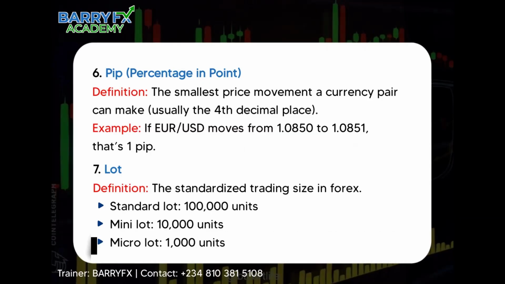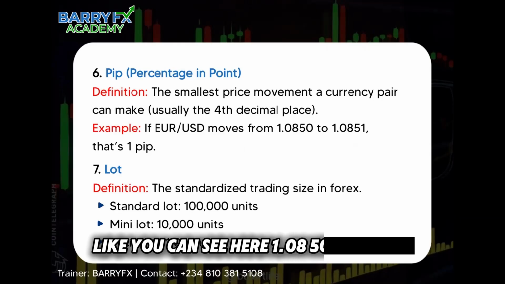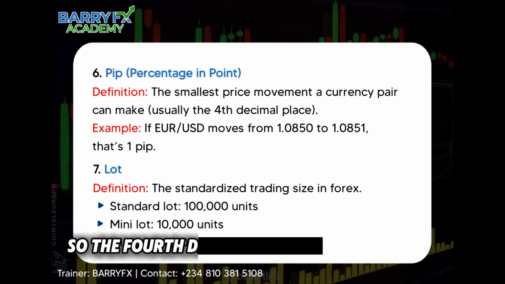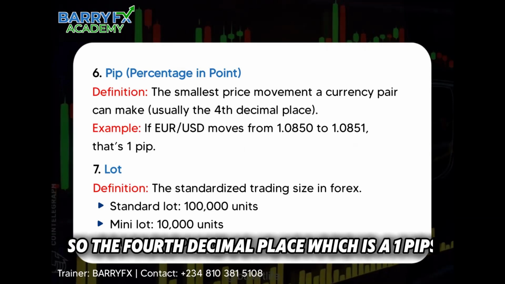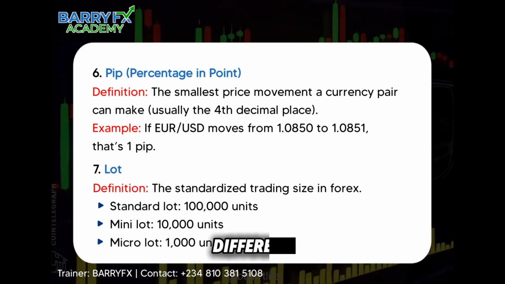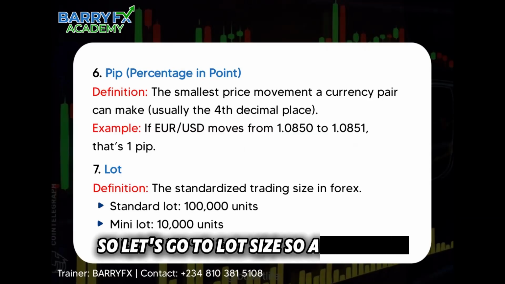Like you can see here, 1.0850 to 1.0851, the fourth decimal place, which is a 1 pip difference.